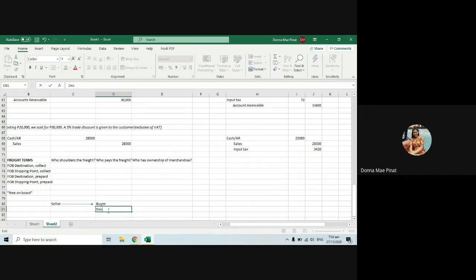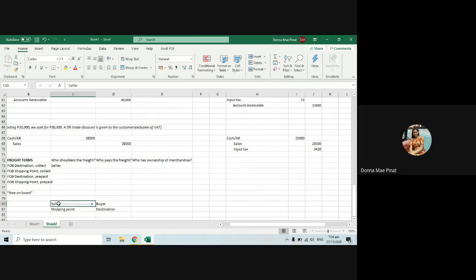Buyer is your destination. Seller is your shipping point. So, kung ang freight terms is FOB destination, meaning free on board destination, free si buyer. So, who shoulders the freight if free si buyer? Si seller. Okay?